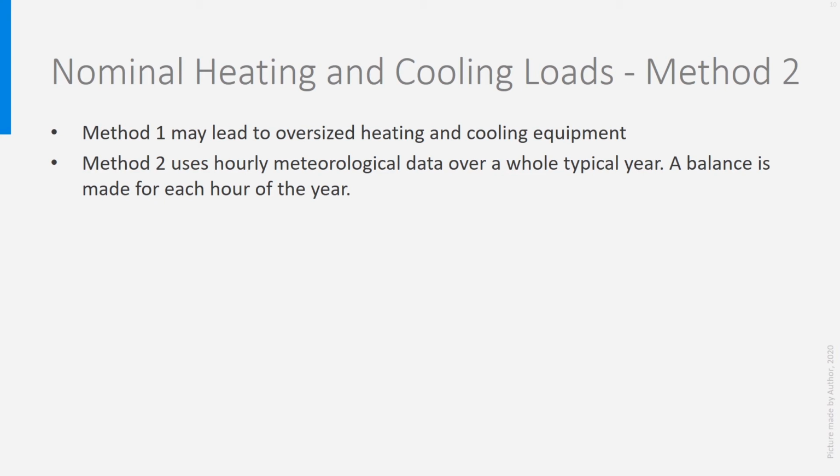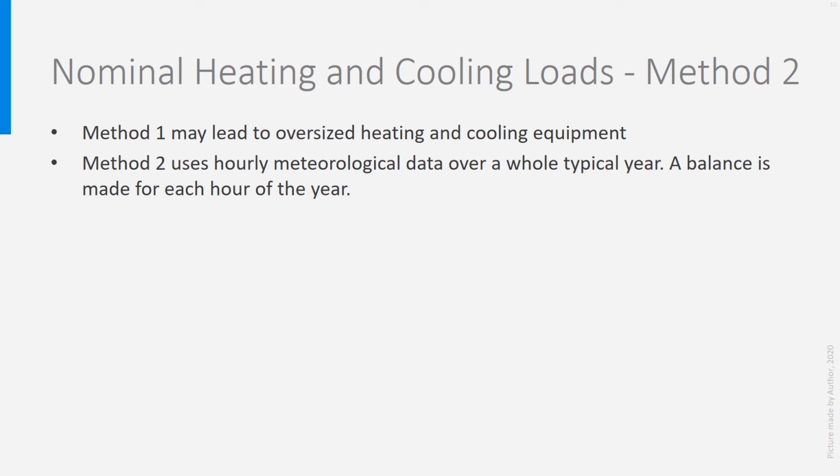Method 1 may lead to oversizing the nominal heating load because in typical years an outdoor temperature of -10 degrees almost never occurs. By choosing a more commonly occurring minimum temperature, we could reduce the size of the equipment and therefore the costs, while taking a limited risk that once in a few years the indoor temperature will be a bit colder than 20 degrees.